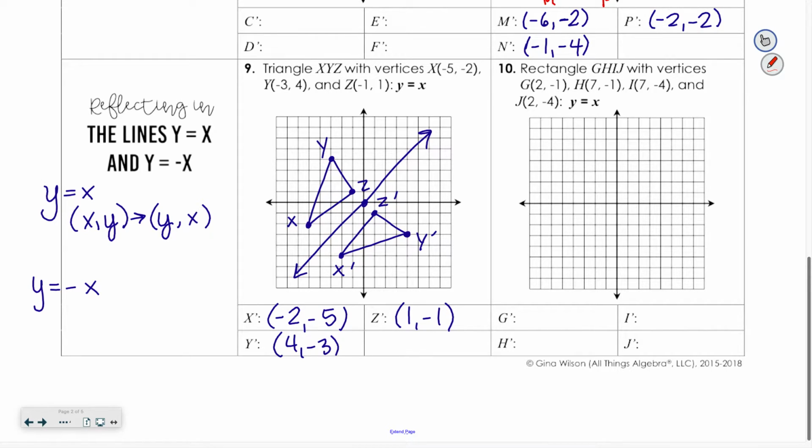You can say, where is x in relationship to that line, and then go the same way to x prime. But it will just be easier for you to learn the rules because there are times when I do one where you don't have a graph. Okay?